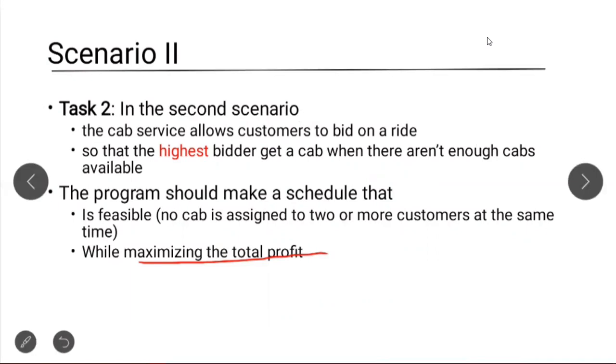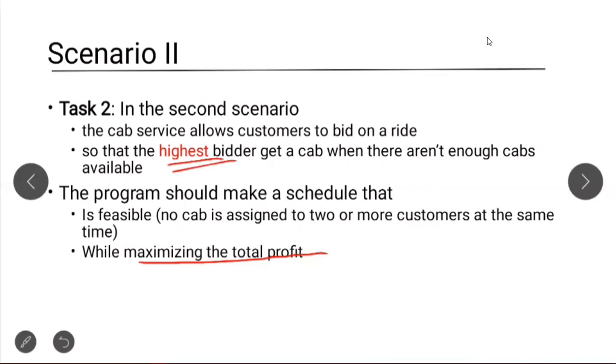When you hire an auto in our city, we try to give a rate in such a way that it is feasible for both the customer and the driver, right? Similarly, over here, any company wants profit, and for that reason, they want the highest bidder to get a cab.